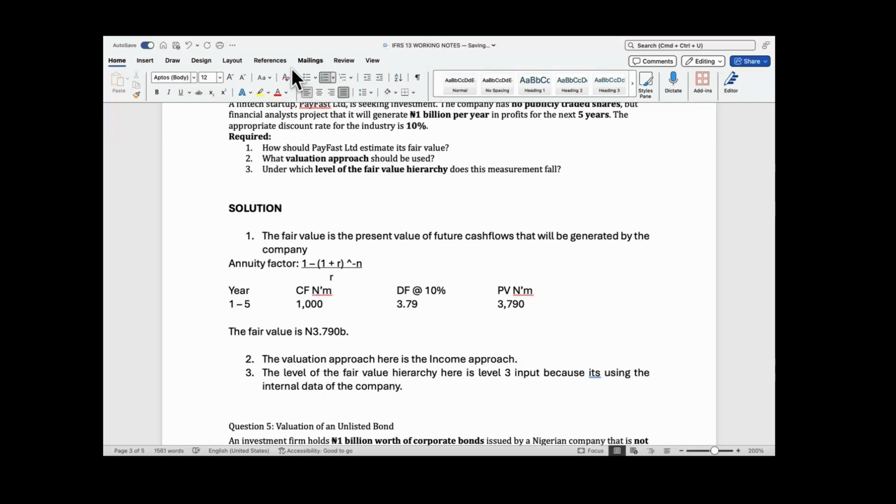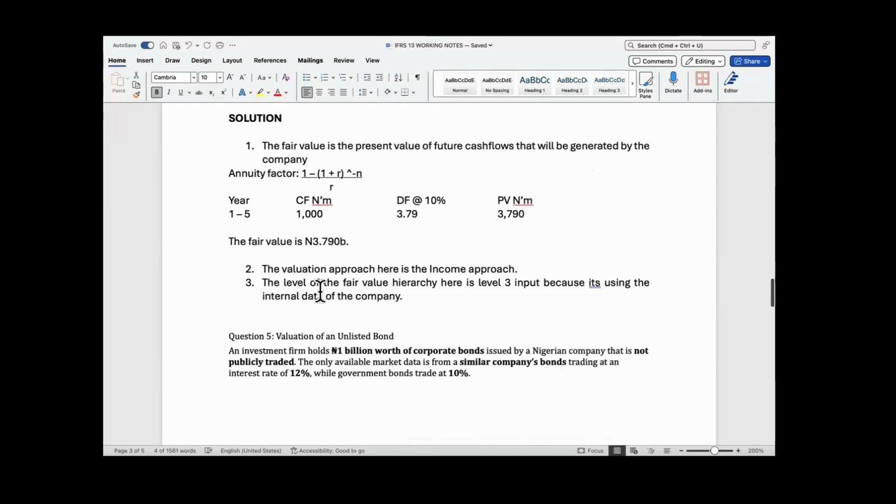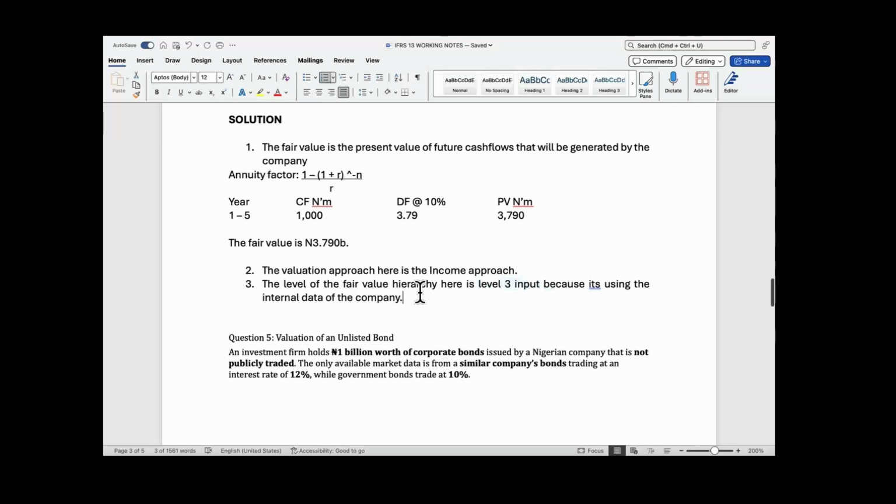So it's the company that gave us the 1 billion per year. There's no way we would have known this 1 billion. They are the ones. So this level here is actually the level 3 inputs, and they are using the company's internal data.